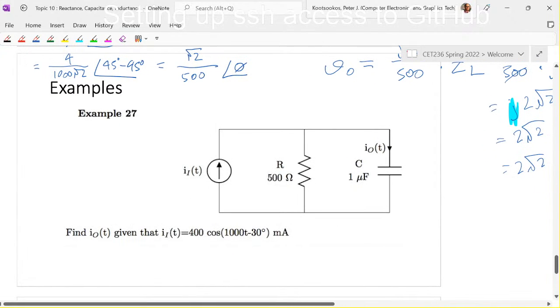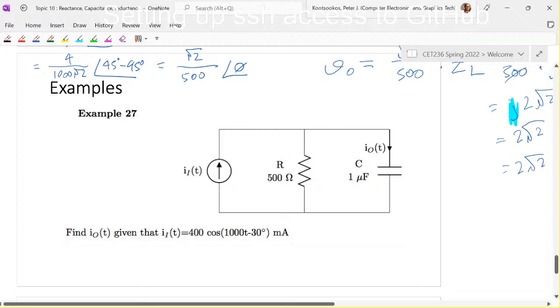The reason I bring it up is this is a circuit that you could think about using the current divider equation, right? So we've got a current source and we've got a resistor in parallel with a capacitor. But we could do exactly the same thing.